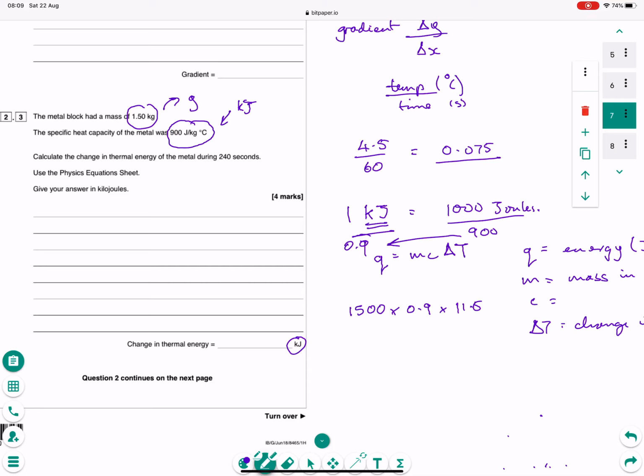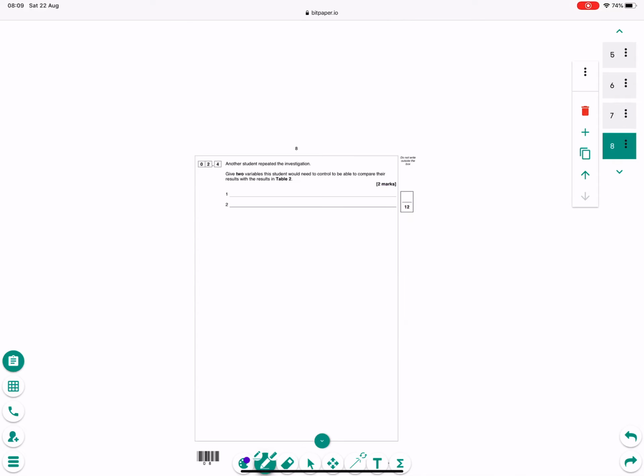Okay. Plug that into your calculator. Let's have a quick look at that. Times that. 15.5 kilojoules. Boom. There's your answer. Okay, I hope that's clear. Just look on the equation sheet and take it from there.